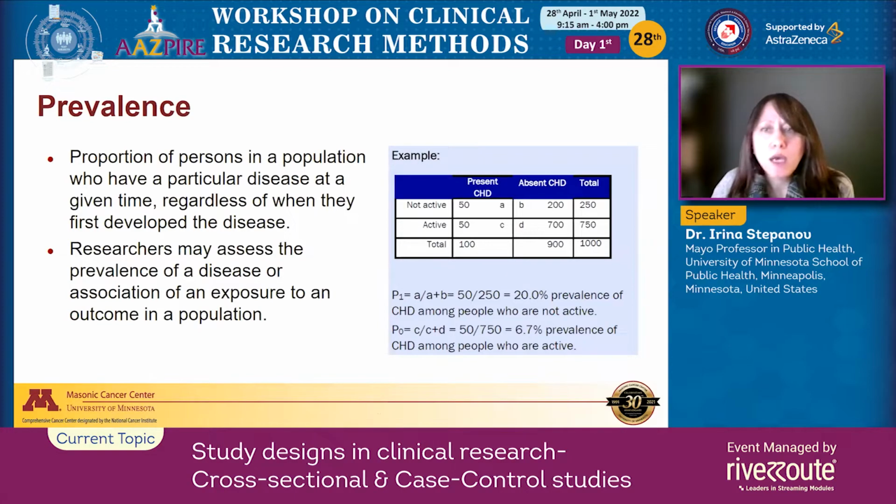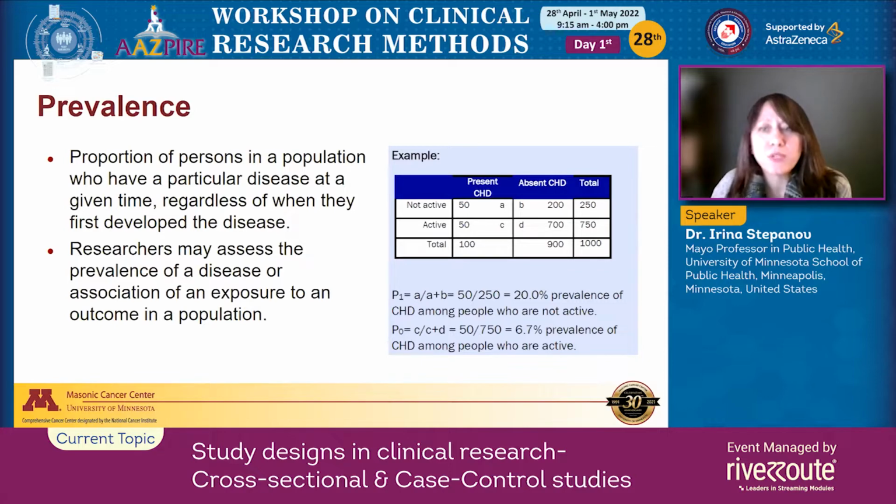Now, usually, as I mentioned, in cross-sectional studies, you are focused on prevalence. And prevalence refers to the proportion of people in the population who have a particular disease or some kind of attribute at a given time, regardless of when they first developed this disease. It is important to distinguish prevalence from incidence.